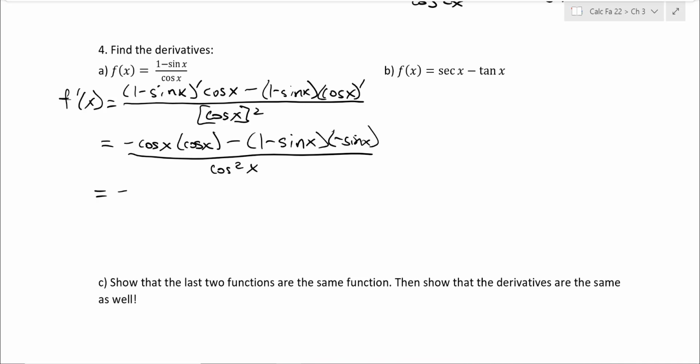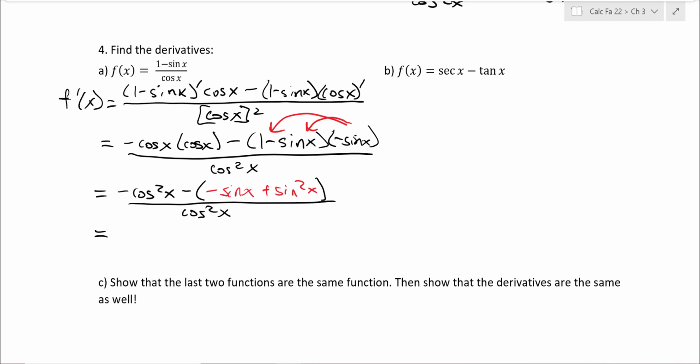And then we get a minus cosine squared x. And let's see, we'll keep the minus here and do the distribution for the sine x in there first, or minus sine x. So we get a minus sine x and then a plus sine squared x when we distribute, right, into those two terms, all over our cosine squared x.